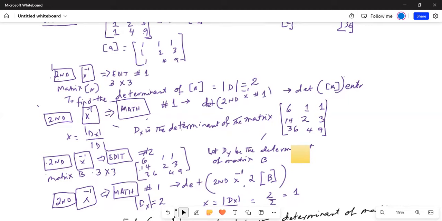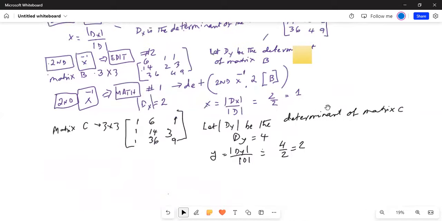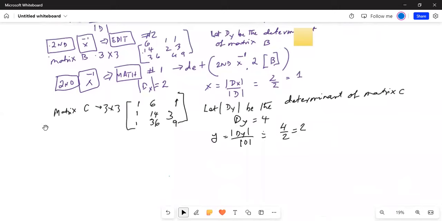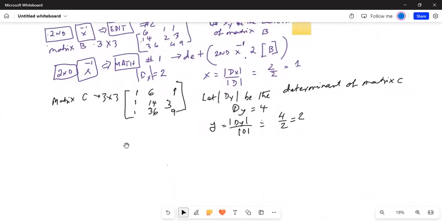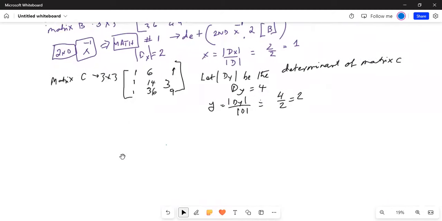Okay, so we created it, so I will move this up and create a big space for myself. So matrix D is basically the coefficient matrix, only the last column being replaced by the constant terms.